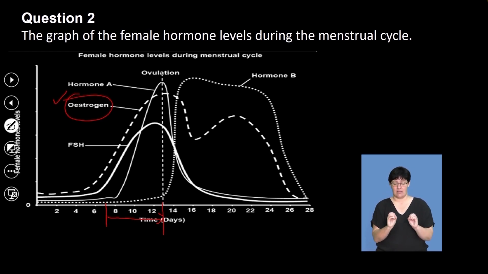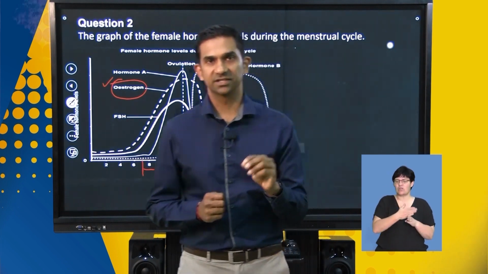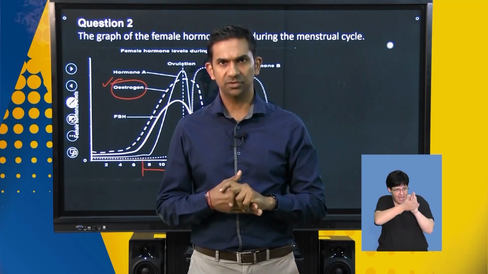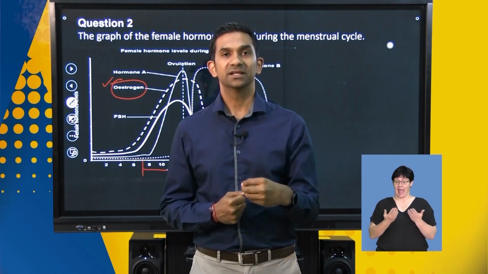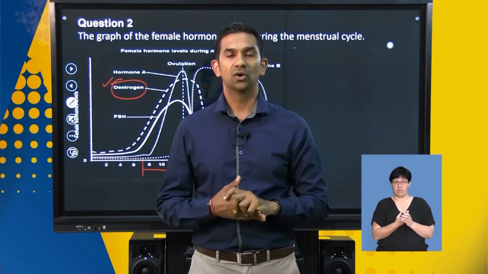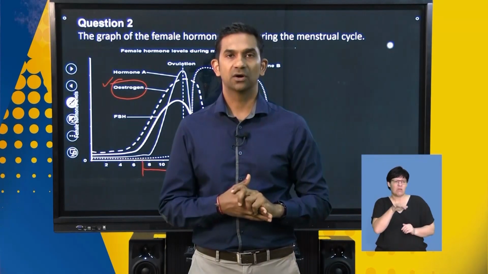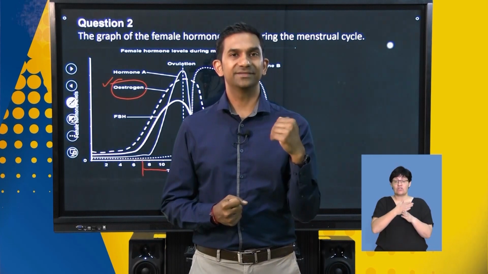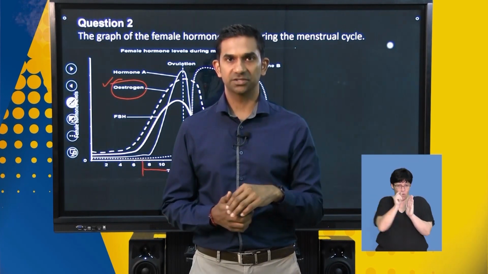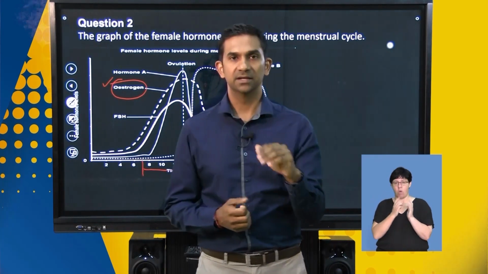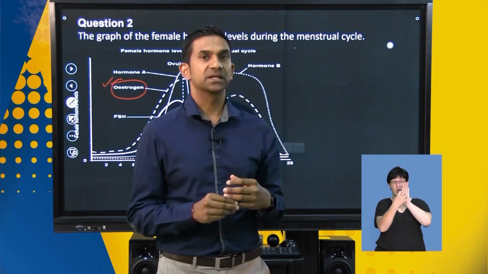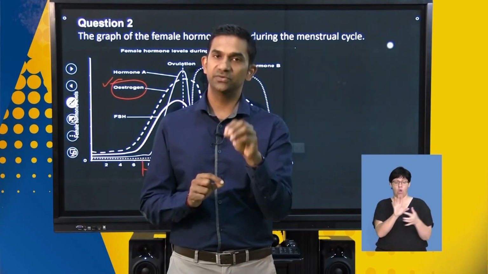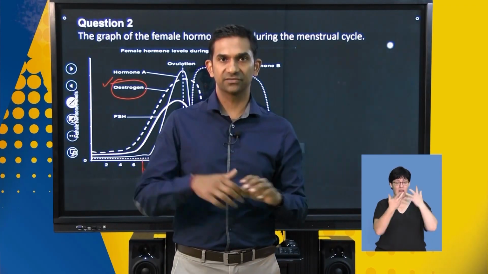If we go back to understanding what the function of estrogen is, we know that estrogen starts to prepare the lining of the endometrium in anticipation that fertilization may occur on day 14 or around ovulation. So the function of estrogen is to prepare the thickness of the lining of the endometrium so that it becomes more vascular. So in many graphs that you would have seen, they often compare a composite graph showing the relationship between the levels and the thickness of the endometrium.